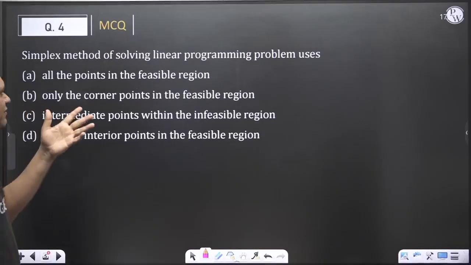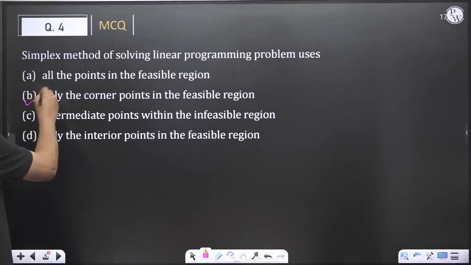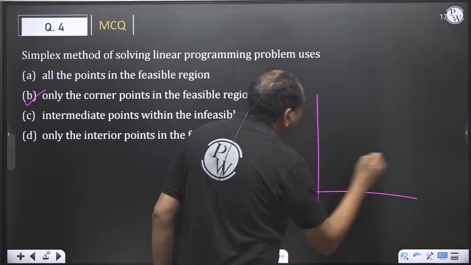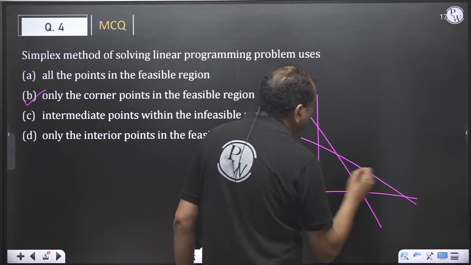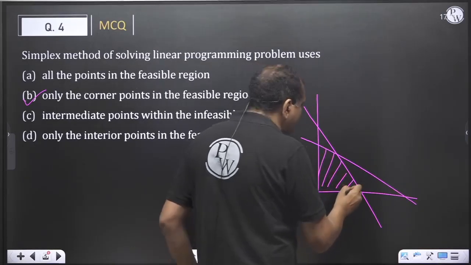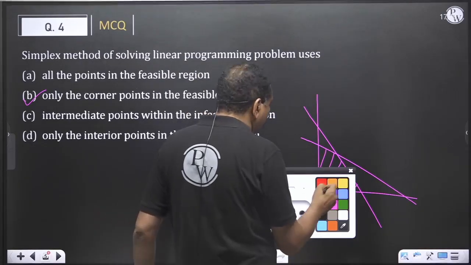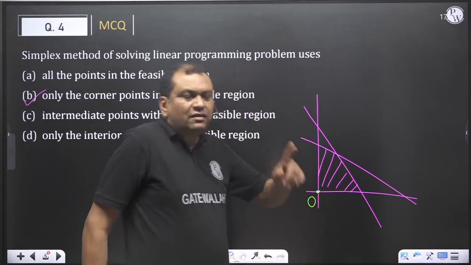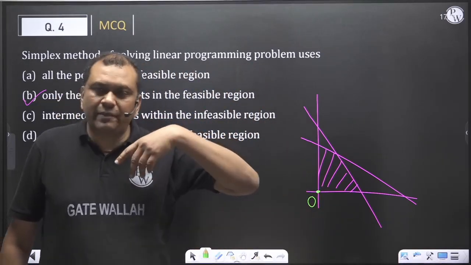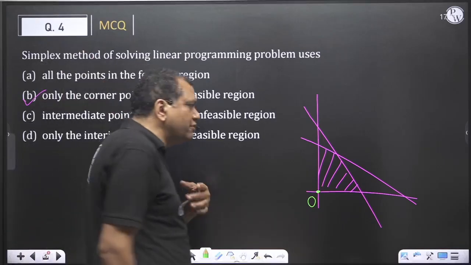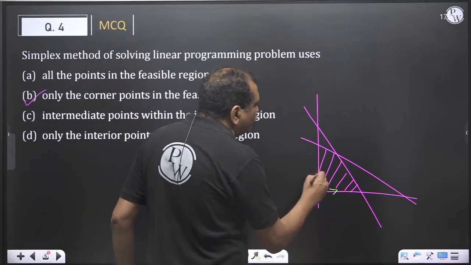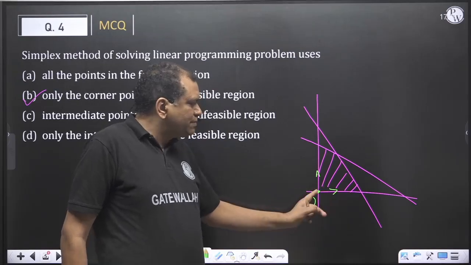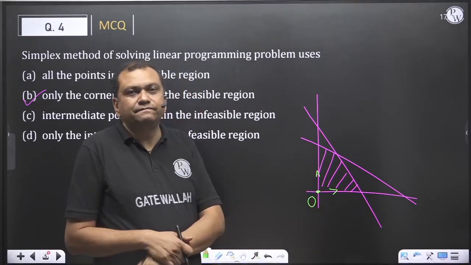Simplex method of solving linear programming problem uses only the corner points of the feasible region. See, this I have explained in the class. Suppose this is the feasible region. So I am starting from origin. In my first table, Simplex is having 2 routes, either go by this path or this path.